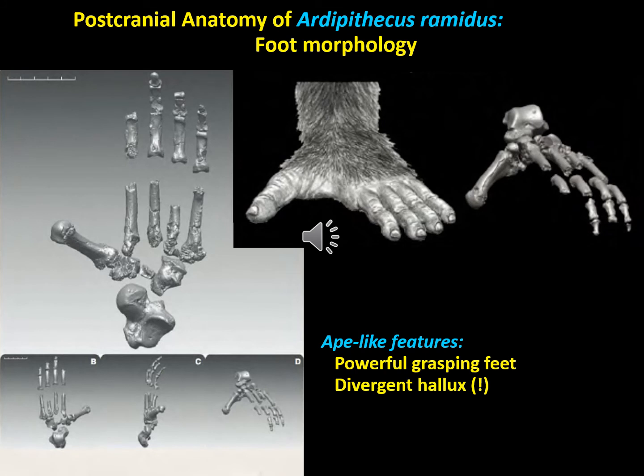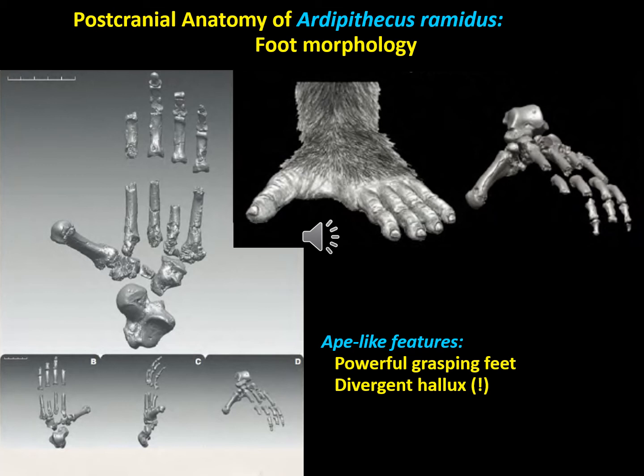When we look at the foot morphology of the Artie fossil, other things stand out too. If this is a hominid that has lost the honing facet, the sharpening of the canines, and we're going to put it in the hominid category, then it has to have features that indicate bipedalism. Well, one that does not is of course the divergent hallux.